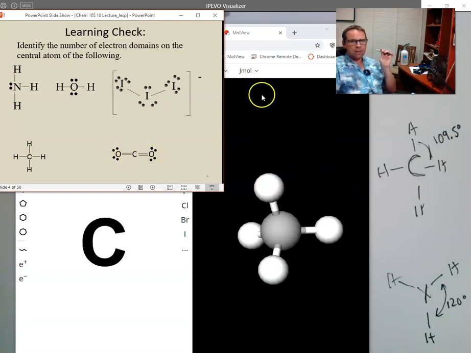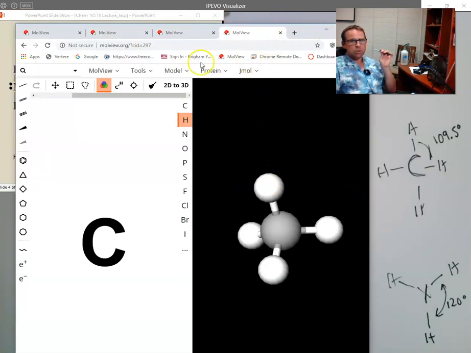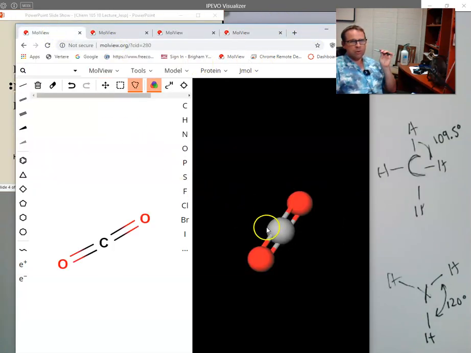Very good. And then we can imagine 2 regions of electron density trying to get as far away as possible from each other. And we can see that the angle between the carbon-oxygen bonds, what would it be, Nikki? It would be 180 degrees. That's right.